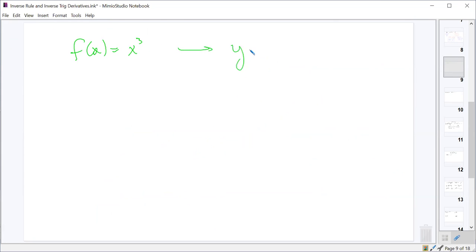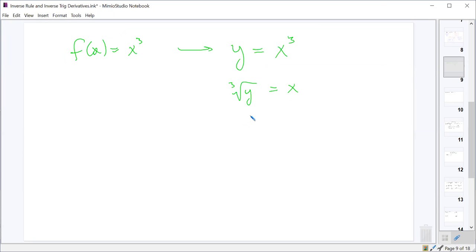We'd rewrite this as y equals x cubed, and then what would we do? Solve for x. Okay, solve for x and then exchange the values, right? Normally I exchange the values first, but that's fine. We can solve for x. This gives us the cube root of y is equal to x.